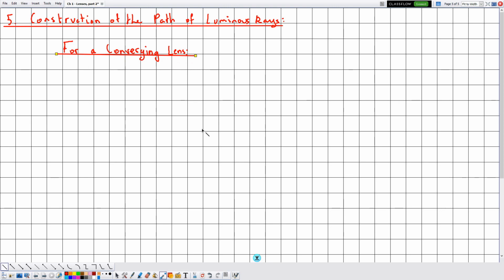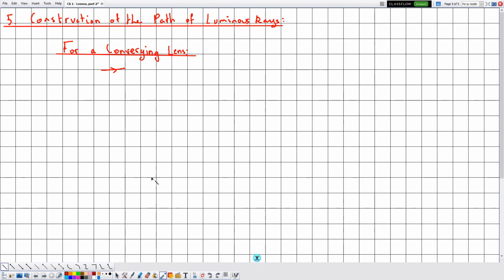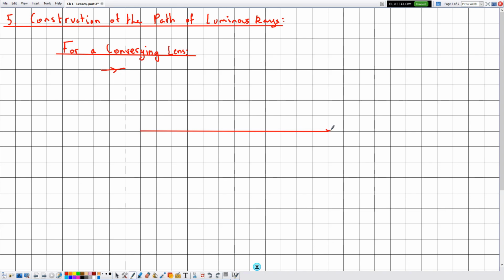In order to see the effect of a converging lens on these specific light rays, first we need to construct the optical system. As usual, we always start by taking the direction of propagation of light to be from left to right. Then we place the optical axis at the center, having the same direction as that of propagation of light. This is the optical axis, x'x.